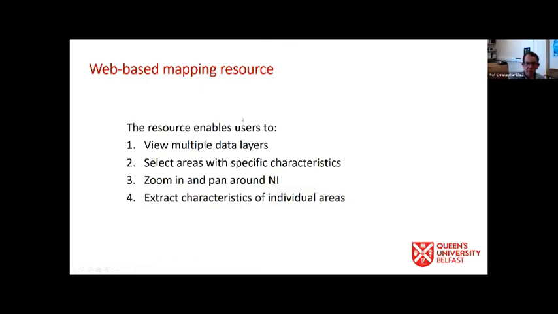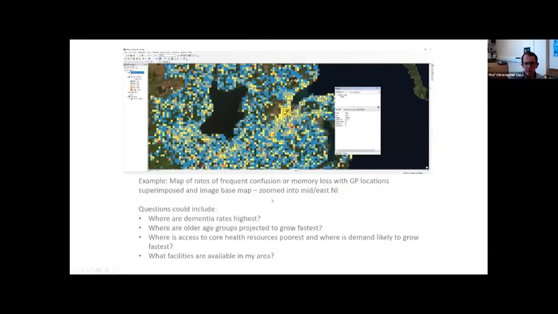Like any online geographical information system, it does the obvious things like letting you view several layers, pick layers of interest, click on those features that you're interested in, zoom in and pan around, as I've already said, extract characteristics of individual areas.